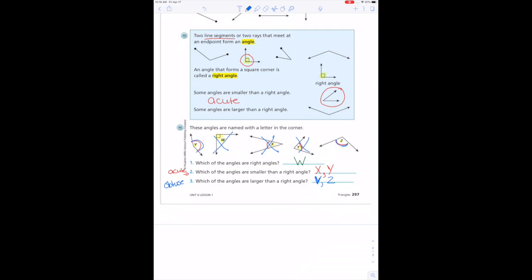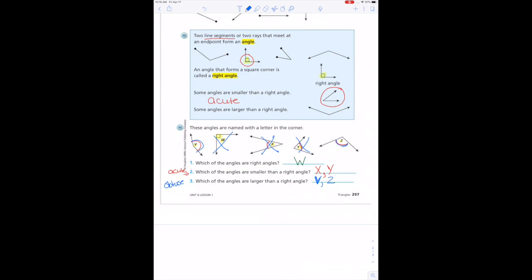So today's homework assignment is a little bit different and hopefully a little bit fun. This is what you're going to do. You are going to look for angles in your house, like a doorway, or where walls meet, or when a door is open or closed, or a cabinet door.